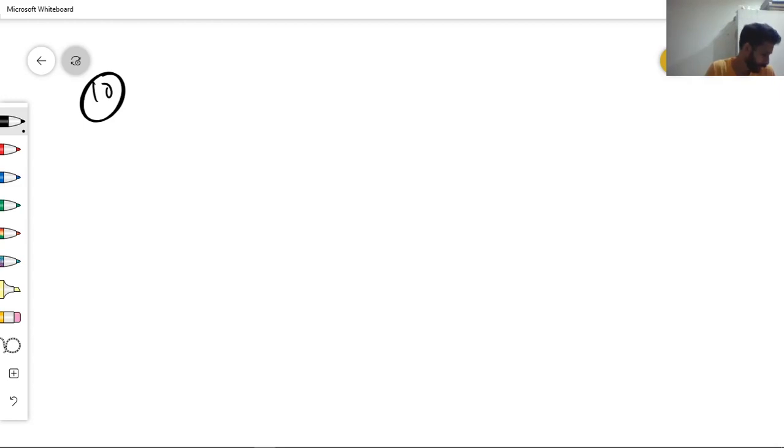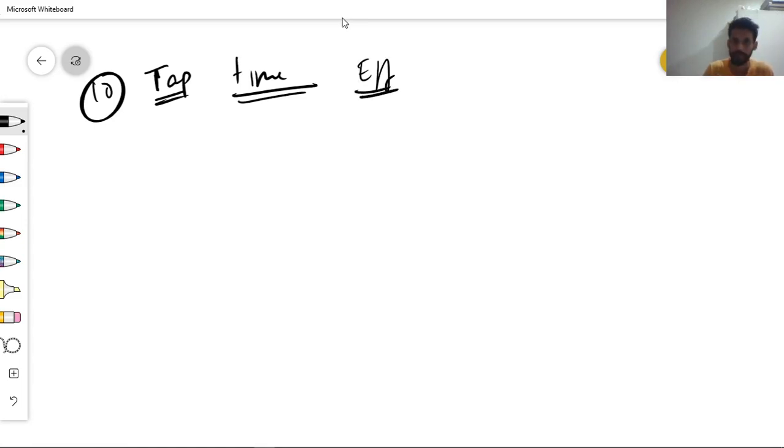So in place of man we will write tap here, then time, then efficiency, and here it will be work. Okay, the work means the cistern.